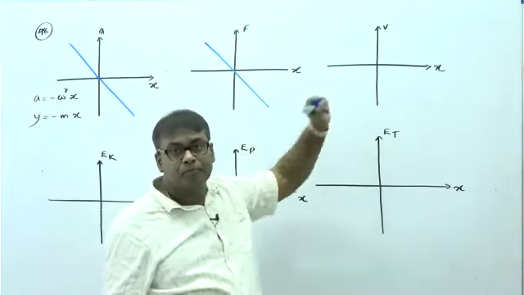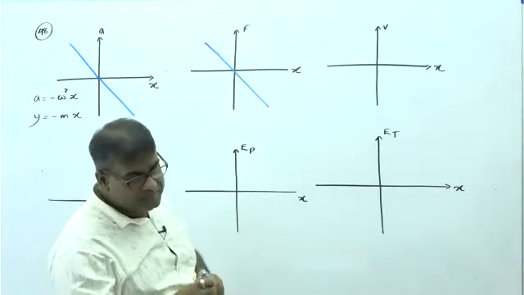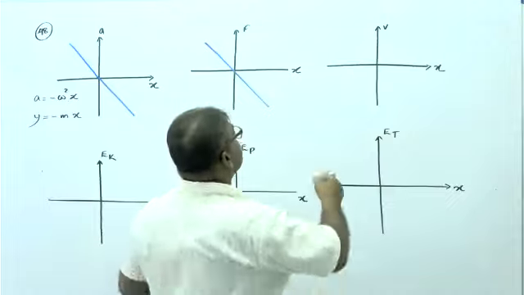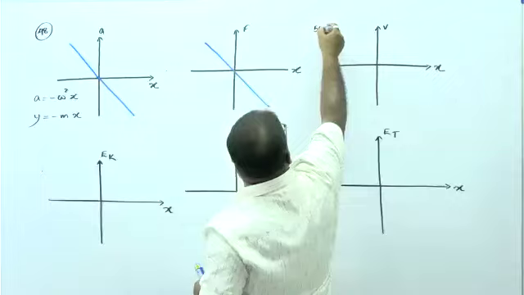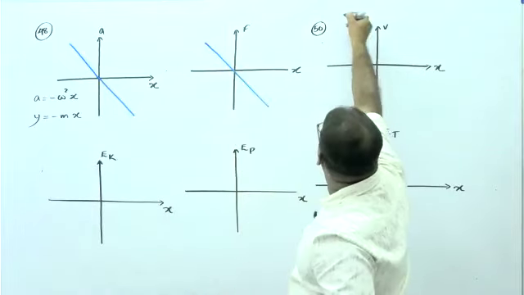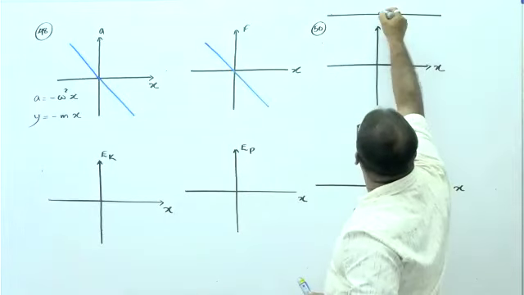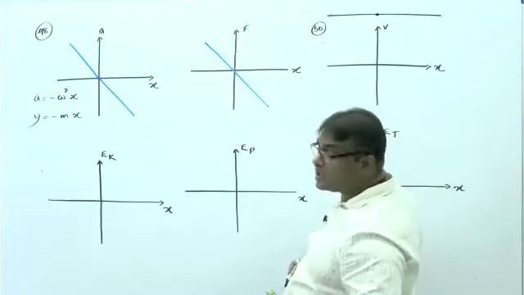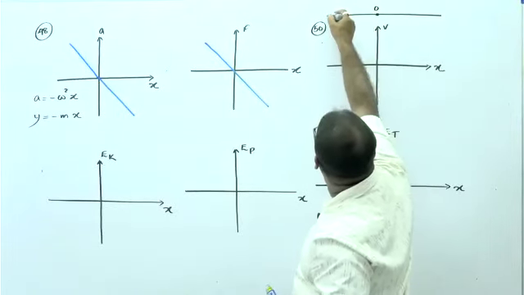Next. Can we copy velocity against displacement? Number 50. Here you have to consider simple harmonic motion like this. Here is the center of oscillation.